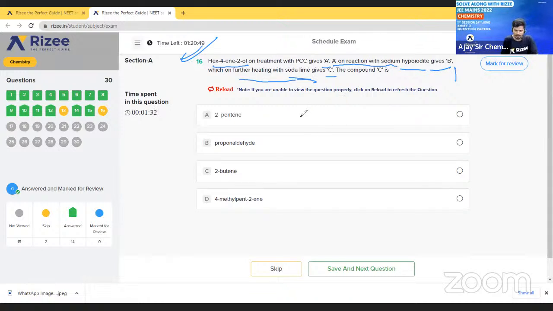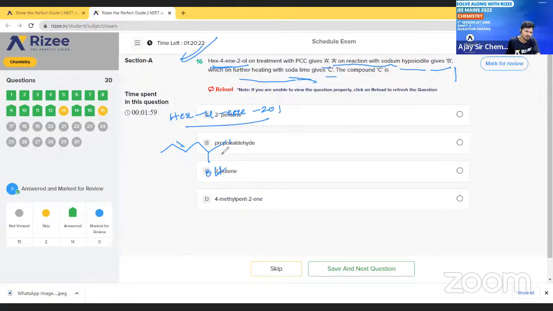So here the question they have given is hex-4-en-2-ol. How do we have to make hexene? See here, this is OH. This is hex-4-en-2-ol. See here one double bond is there, so this is hexene.